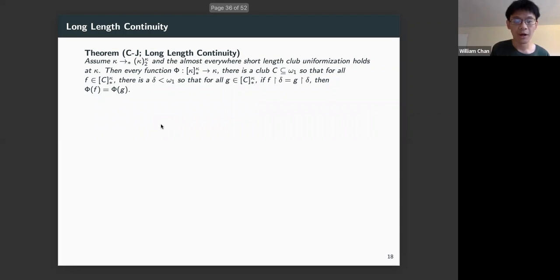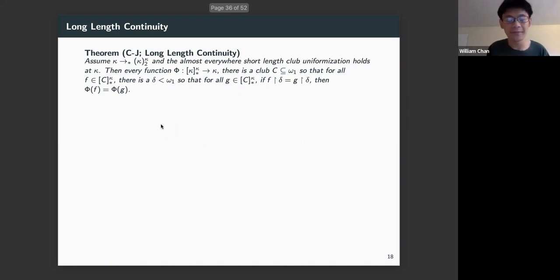So assume that kappa is a strong partition cardinal and this club uniformization principle holds at kappa, then for every function phi from kappa to the kappa into kappa, there is a club C that is a subset of kappa, so that for all F in C to the kappa, there is a delta less than kappa, so that for any other G passing through C to the kappa, if F up to delta is equal to G up to delta, then phi of F is equal to phi of G.